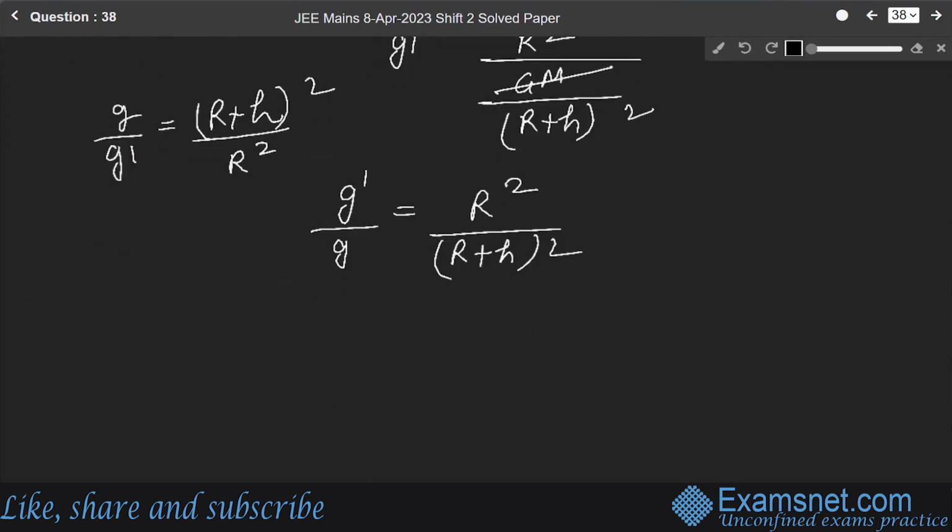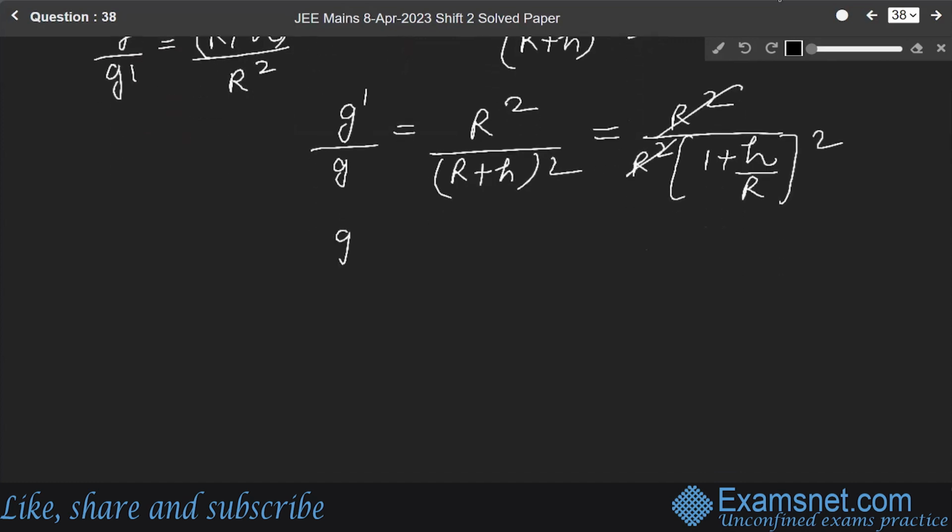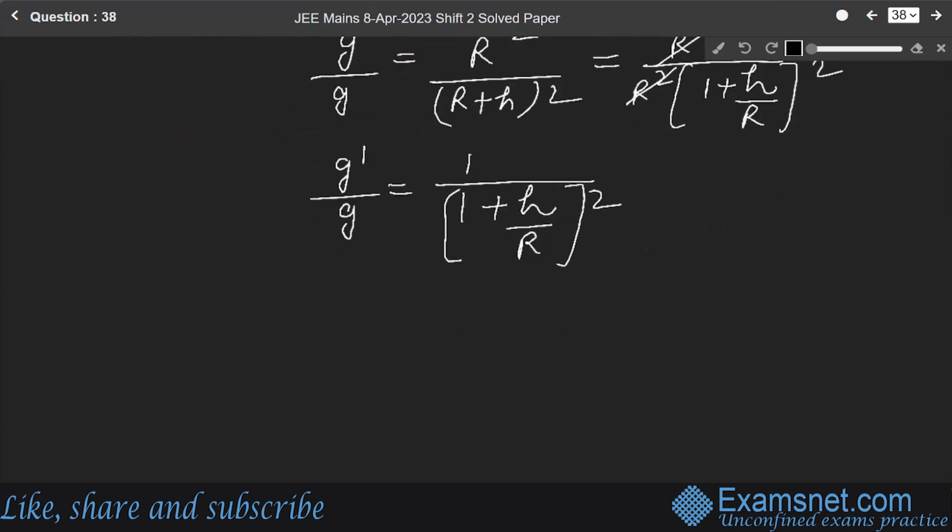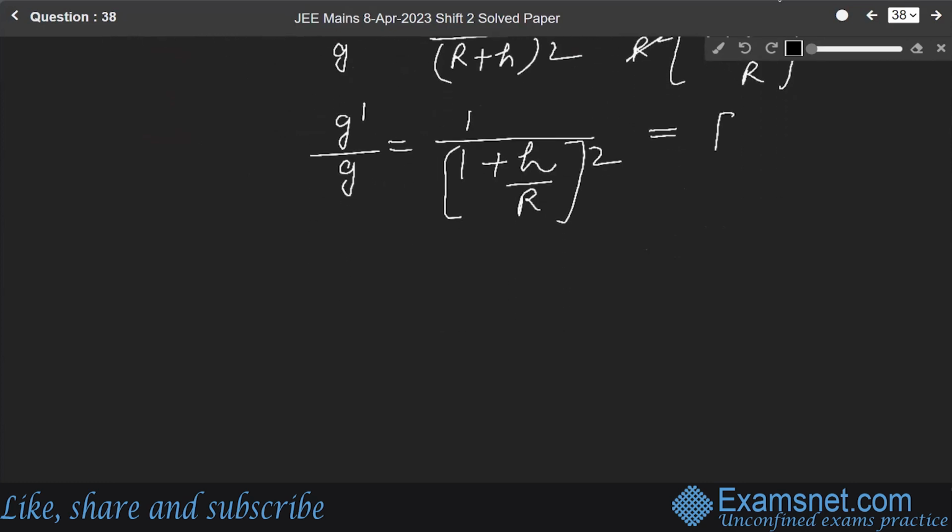Okay. Now taking R square common from the denominator, it will become (1 plus h over R) whole square. R square cancels out each other. So g dash over g becomes 1 over (1 plus h over R) whole square. Now solving it, it becomes (1 plus h over R) raised to the power minus 2.